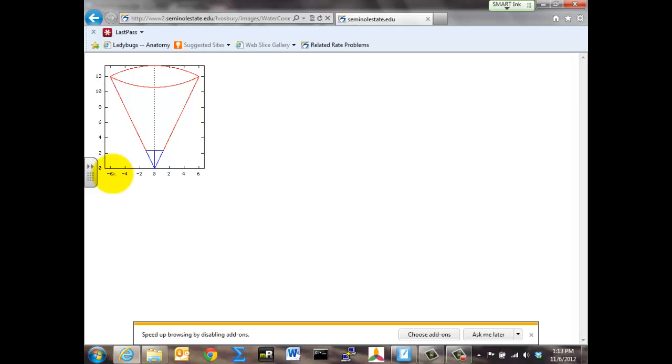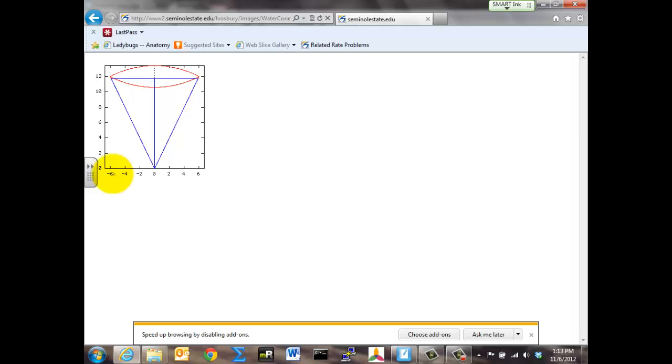The rate at which it fills. The rate could be changing, but let's assume that we're constantly pouring in the same amount. What's happening as we pour water in? It's filling up more space. But notice what happens the further up I get. There's more space, so it takes more time.